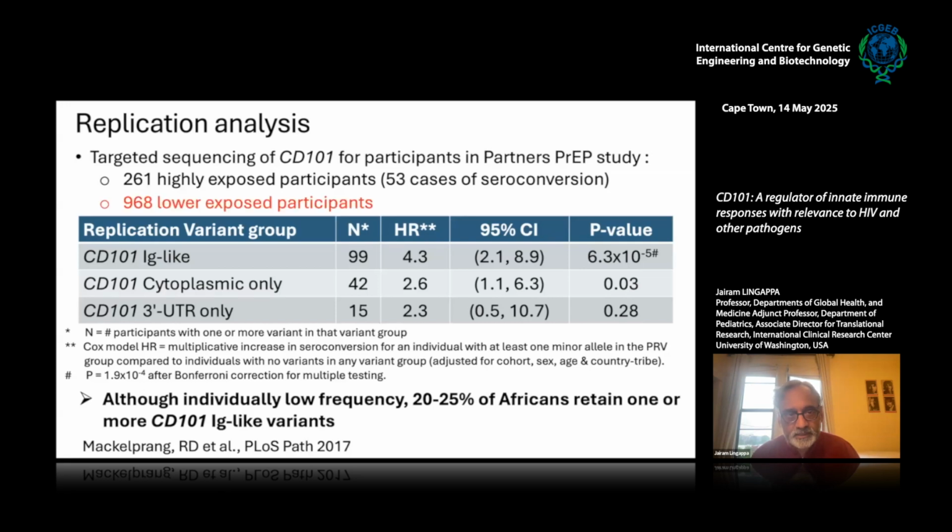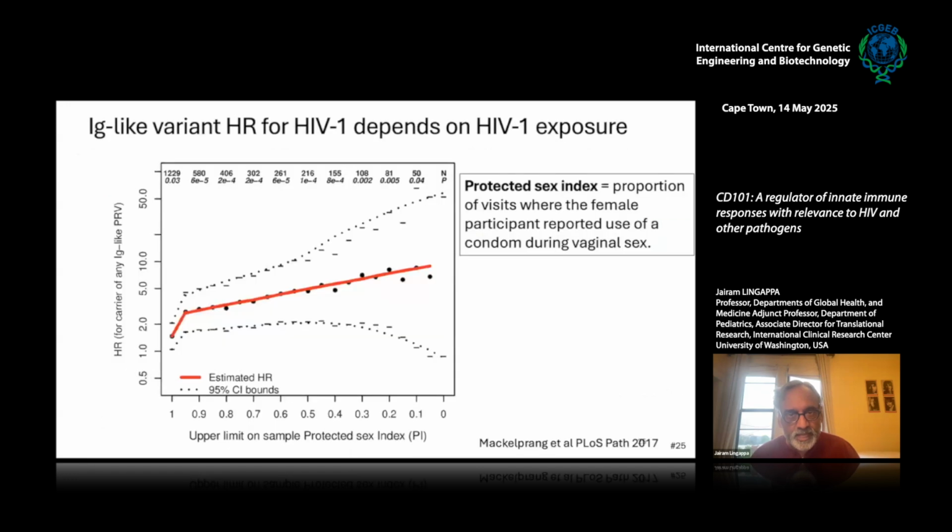We did a second component to this replication analysis to look at individuals with lower exposure to HIV. In that analysis, we calculated a protected sex index, that's the proportion of visits where the female partner reported use of a condom during vaginal sex.